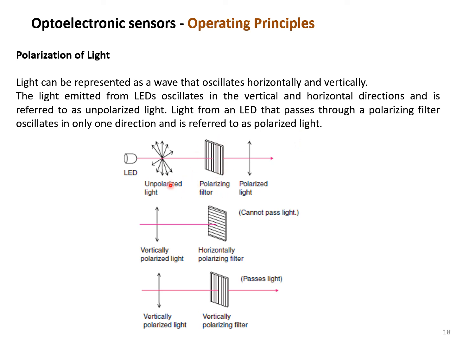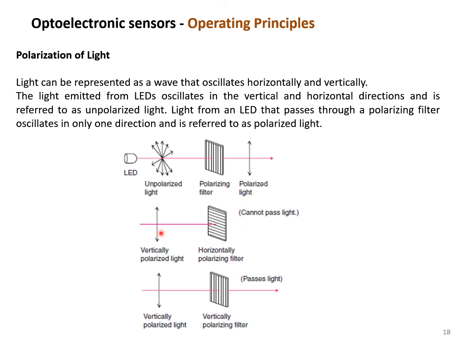So let's say we have an LED and then we have a polarizing filter here. That light, if it passes through that filter, will be polarized. So let's say this one is a vertical filter, so the output will be vertically polarized light.